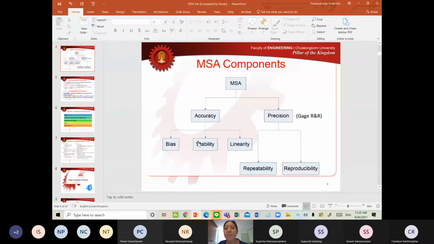In the next class, we will talk about precision appraisal, where the tool is called gauge R&R, repeatability and reproducibility, which appraises the precision of the measurement system.